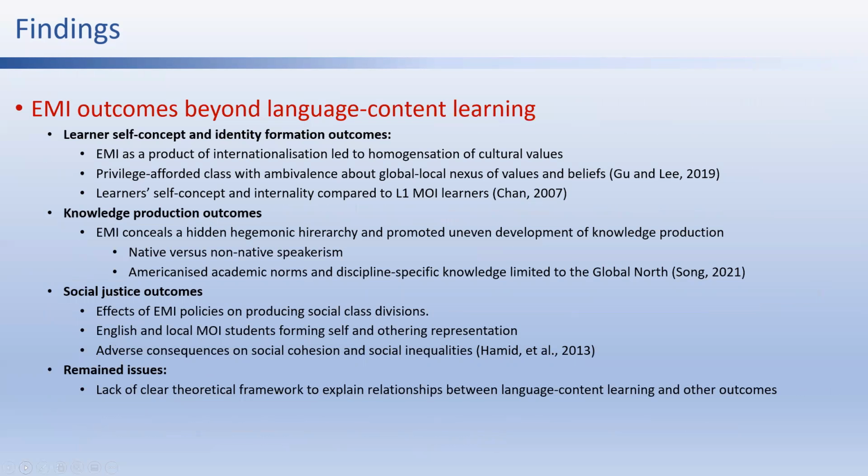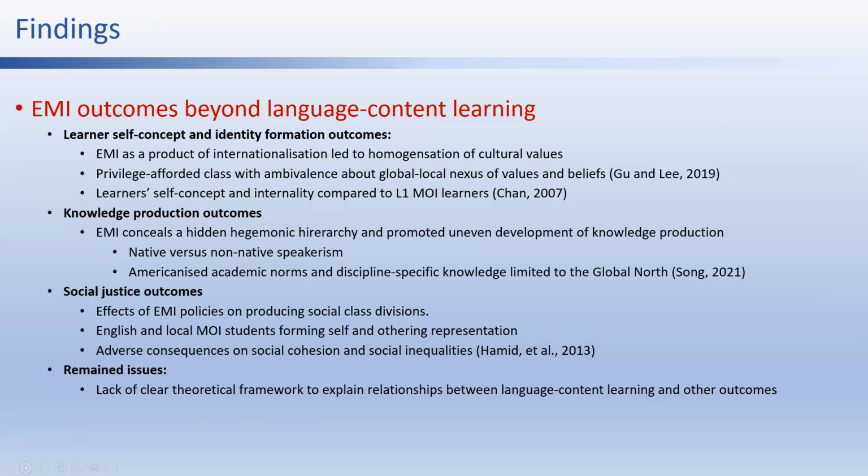Okay, so in terms of outcomes beyond language and content learning, studies have looked at learner self-concept and identity formation outcomes. EMI has emerged as a product of internationalization that led to homogenization of cultural values in China. There are some studies on that.